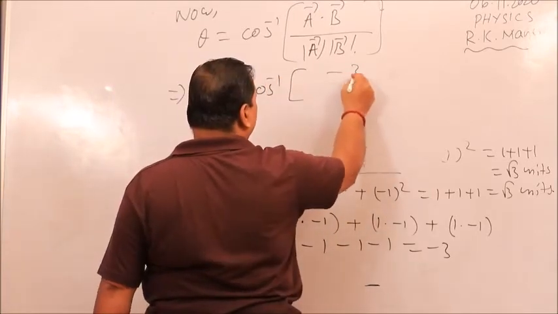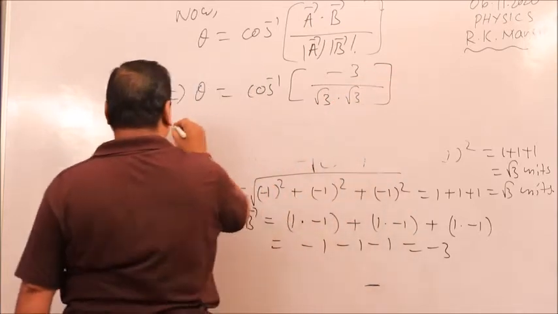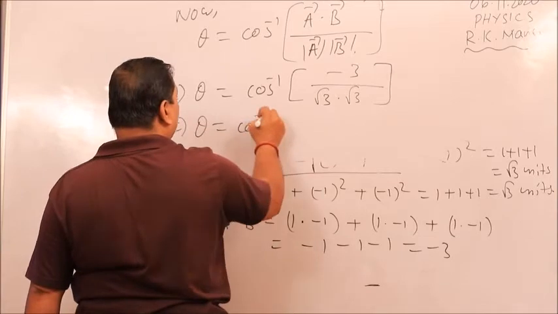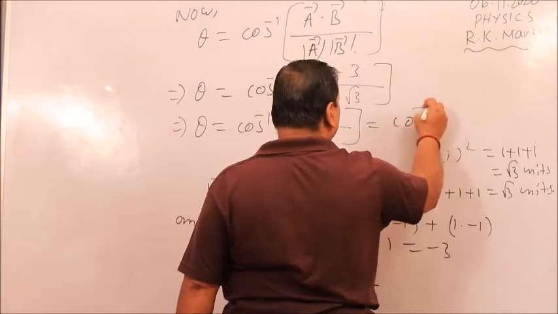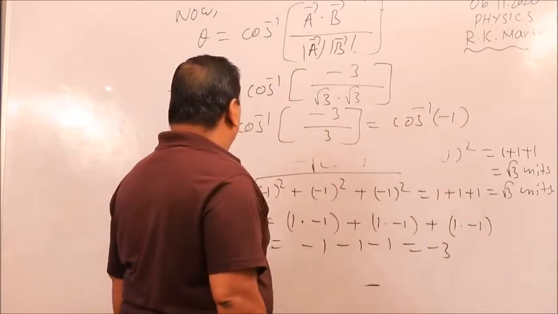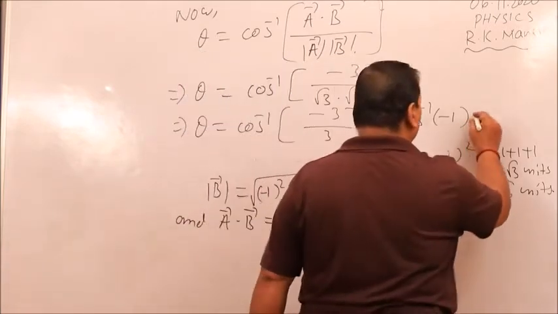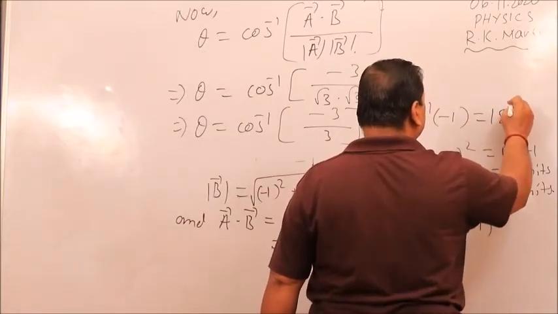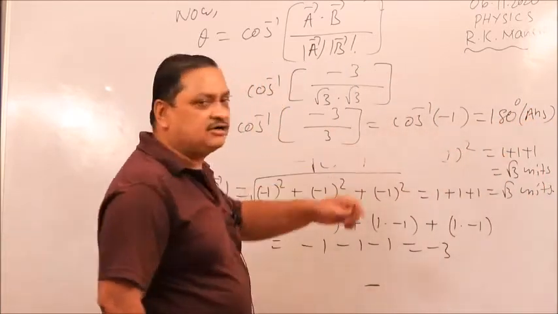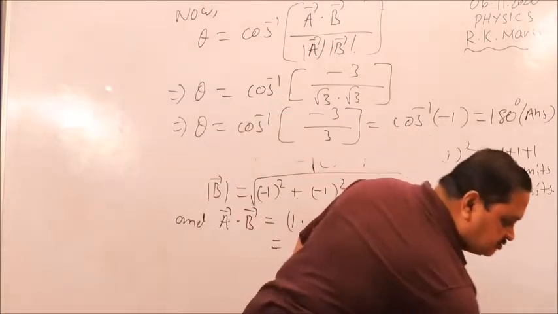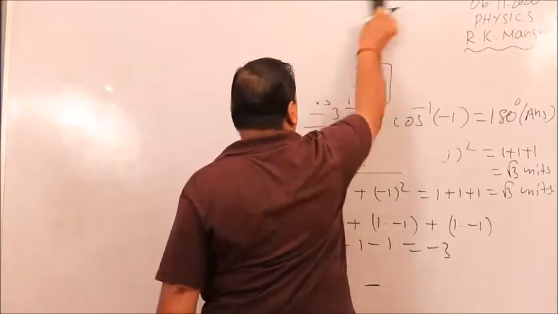A dot B is minus 3, modulus A is root 3, modulus B is root 3, which implies theta equals cos inverse of minus 3 by 3, that is cos inverse of minus 1, and the angle whose cosine is minus 1 is 180 degrees. Cos 180 degrees is minus 1. So this is the answer: the angle between vector A and vector B is 180 degrees. So you can find the angle between two vectors in this process.